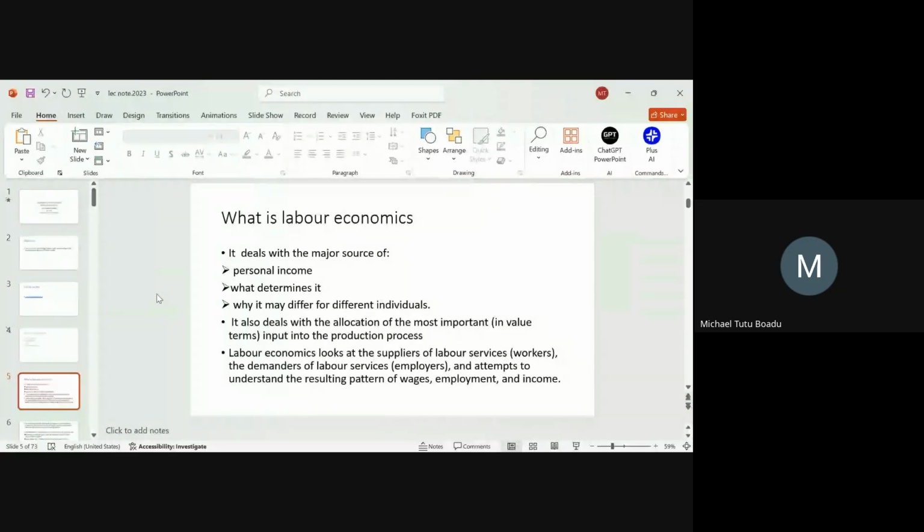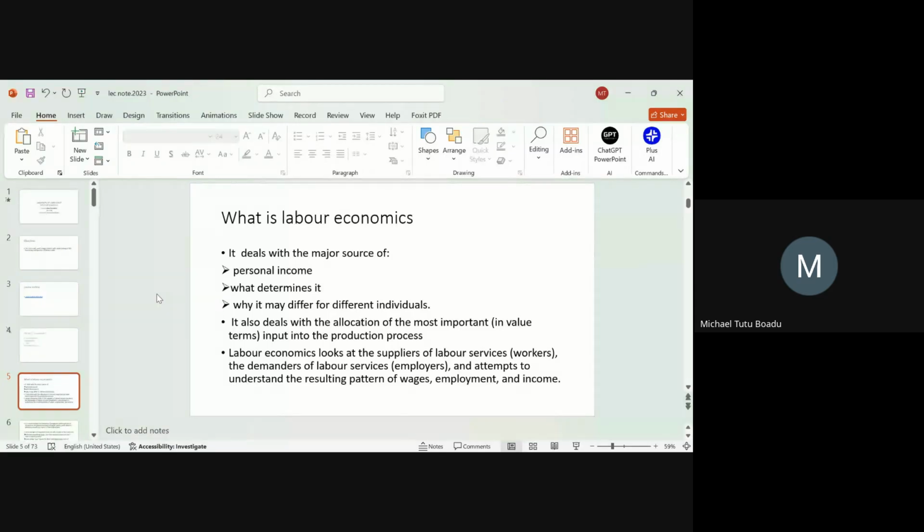So, the major source of your personal income is definitely from a job that you are embarking on, either your self-owned business or working for somebody. So once you are getting income from a source that is through employment or through your own self-establishment, you are still talking about labor economics.